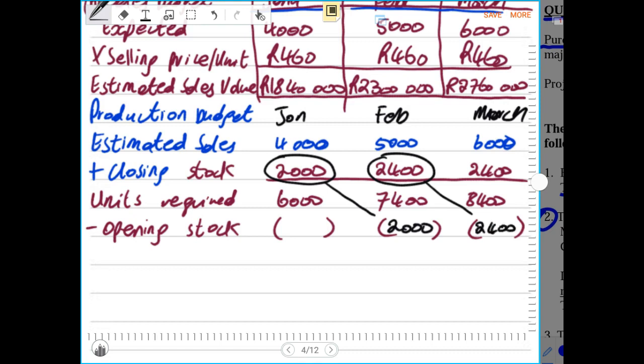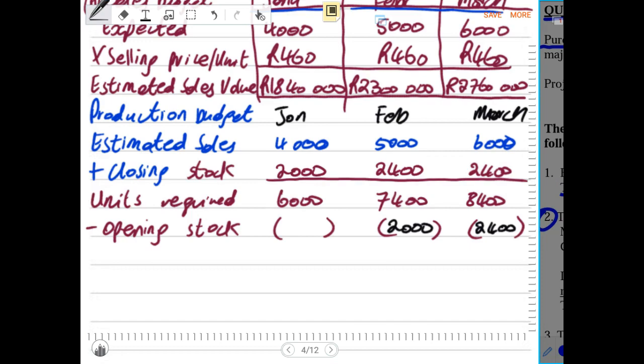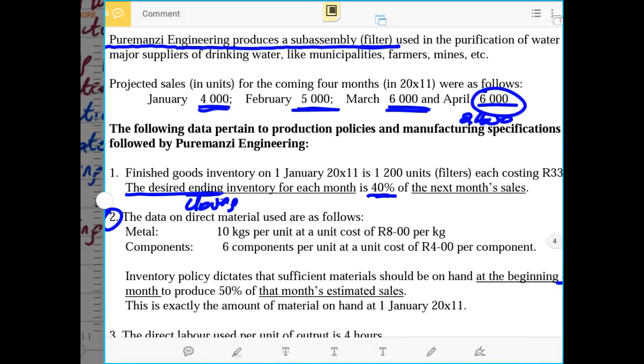Therefore, we need to know the closing of the month of December, so that the closing of December becomes the opening of January. Can we calculate the closing of the month of December? Yes, we can. How?